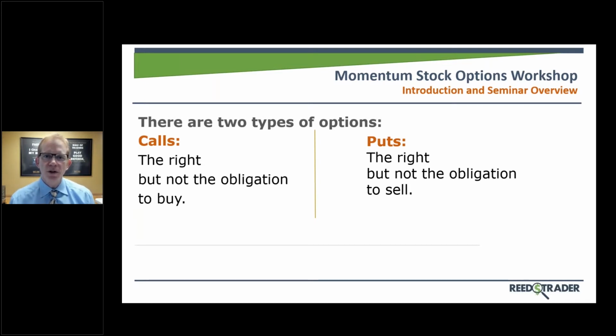In futures or stock, when you enter into a transaction, you immediately have an obligation. So if you buy stock from me, you have an obligation to give me cash, and I have an obligation to give you stock certificates. As soon as we make the transaction, we have these obligations and we are required by law to fulfill them.